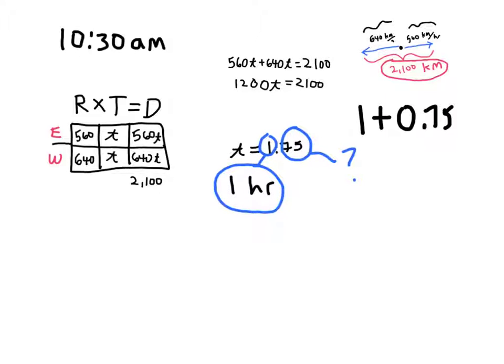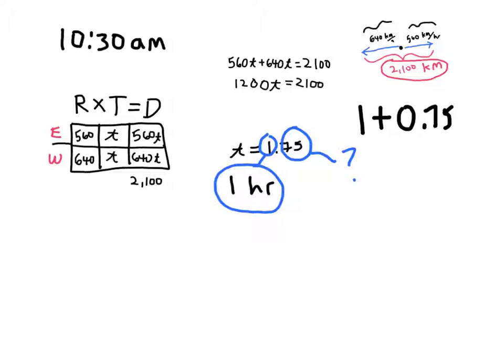Okay? Now what that proportion would be is, first of all, remembering that 0.75, when you convert that to a fraction, is really 75 over 100.